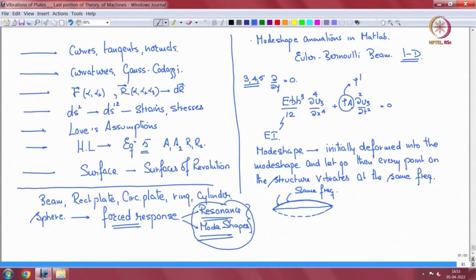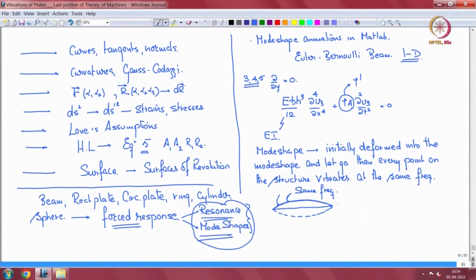If it is not the mode shape, it won't happen. Every point vibrates at the same single frequency only if it is a mode shape, otherwise multiple frequencies will appear under free vibration.